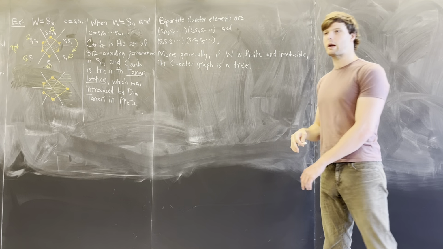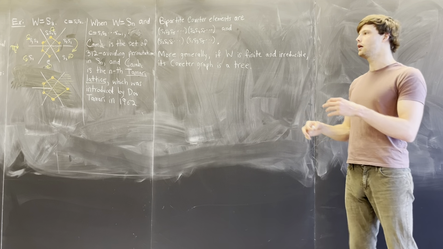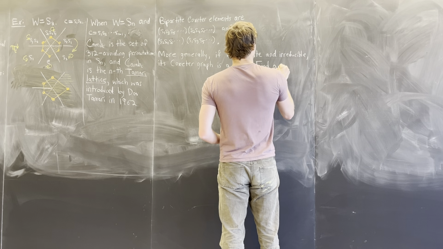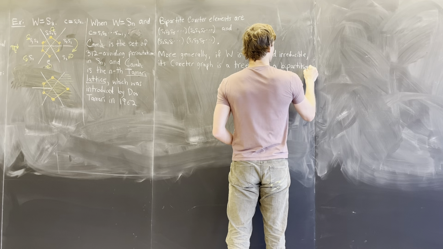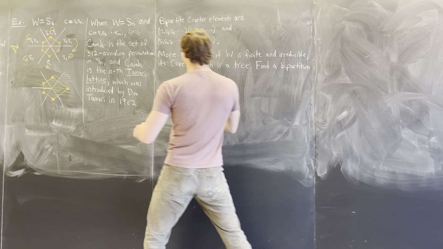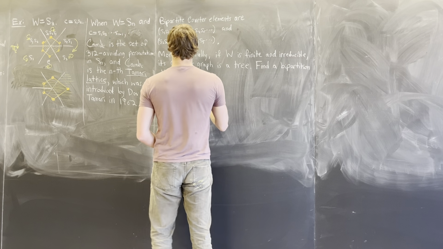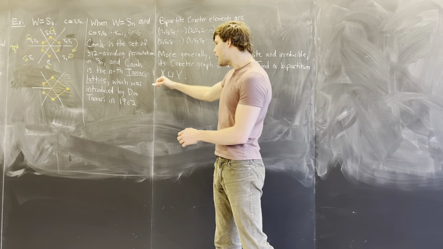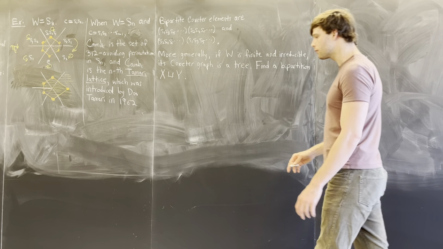In particular, it's bipartite, just meaning that I can split up the vertices into two sets. So I can find a bipartition of the Coxeter graph, which I'll say is X disjoint union Y. And this just means that none of the vertices in X are adjacent to each other and none of the vertices in Y are adjacent to each other.